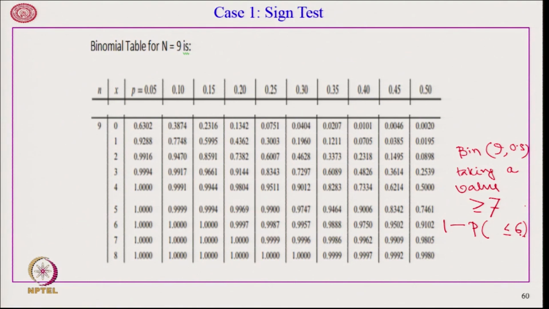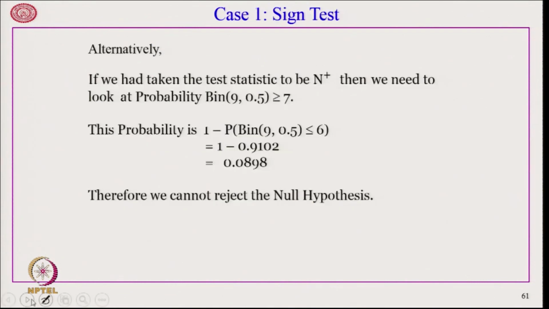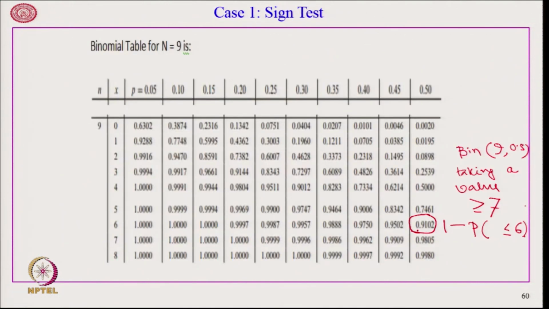That cumulative probability, if we look at the table carefully, is given as 0.9102.